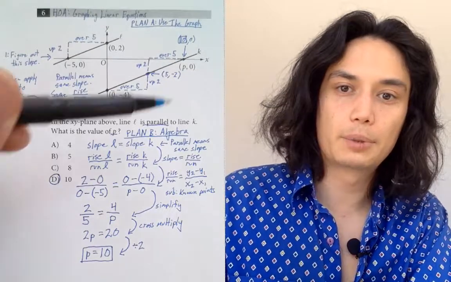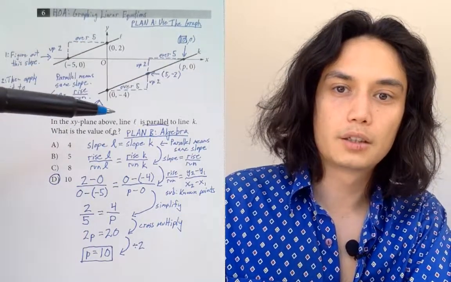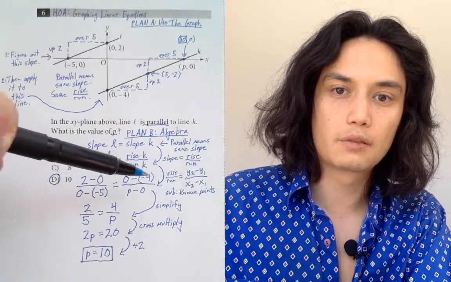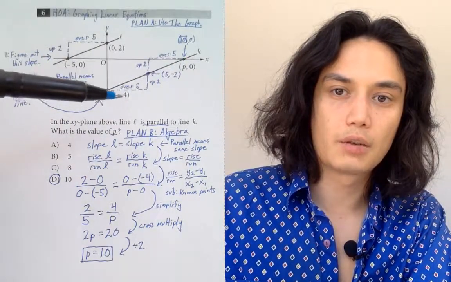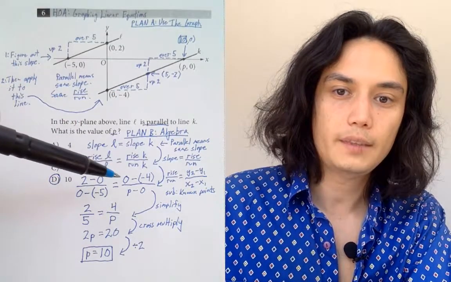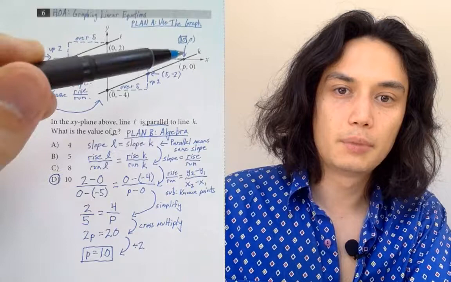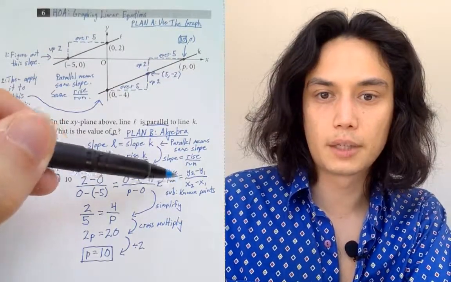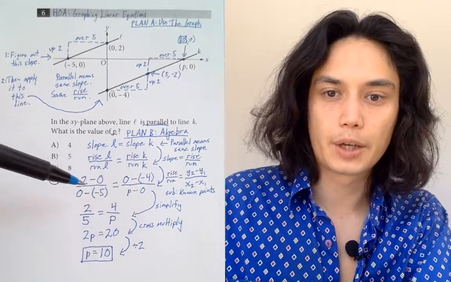This one's a little more complicated because we don't know every point. But here we've got the 0 and the -4. So we've got 0 minus -4, this y2 minus y1. And on the other side, we've got p minus 0, this x2 minus x1.